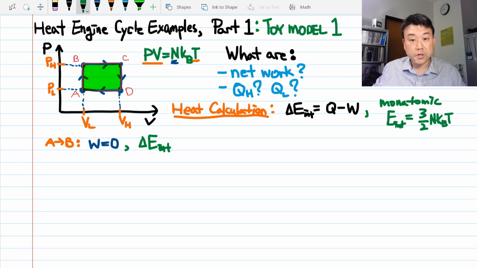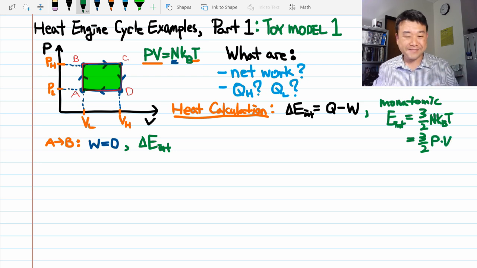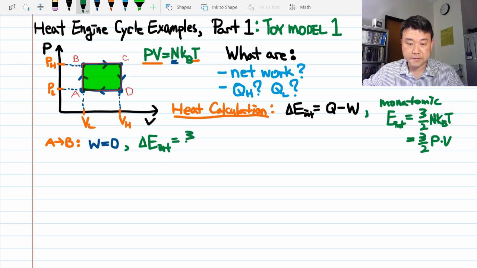So they don't actually need to specify the number of molecules. I can re-express this in terms of pressure and volume. This is just 3/2 pressure times volume, right? So for the process A to B, change in internal energy is 3/2 PHVL, final point, minus the initial point, PLVL.